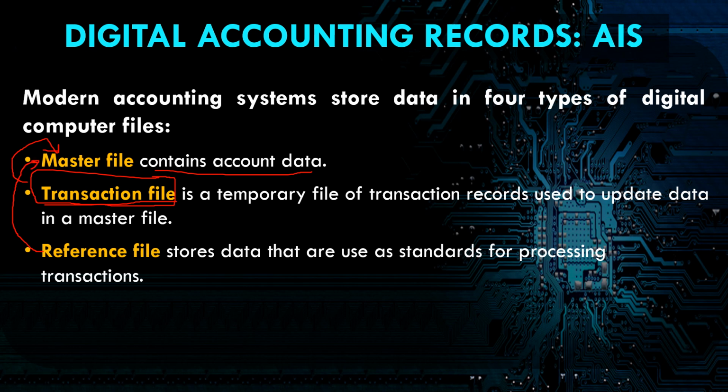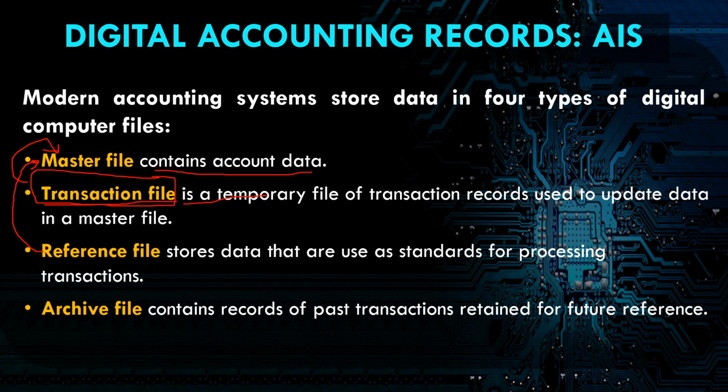When we record in the transaction file, we don't update the master file with all the details. We just record, let's say, the sales transaction amount and the customer number. Then the customer number will be linked to the reference file to extract the rest of the details about the customer.